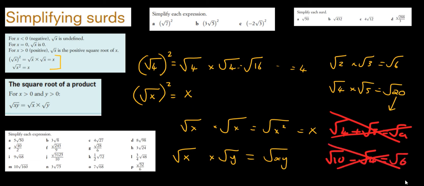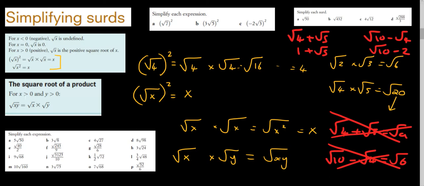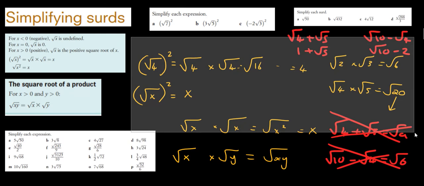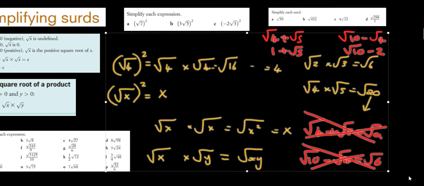So in both our examples here, the root of 4 plus the root of 5 and the root of 10 minus the root of 4, the most that can be simplified is this. Cannot be simplified any further. That's very important. I see a lot of students trying to do that, and that is a major misconception.